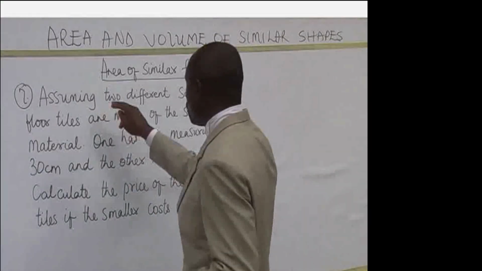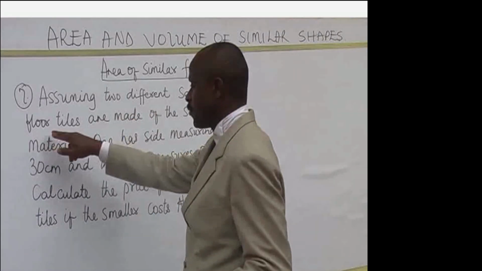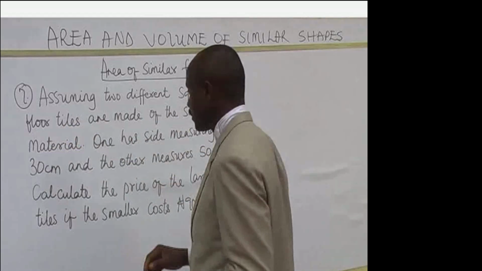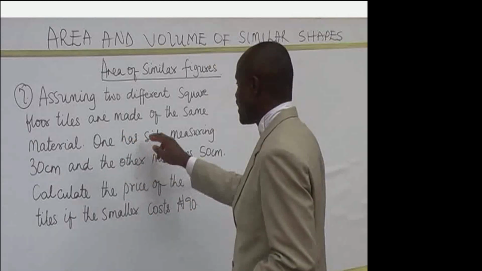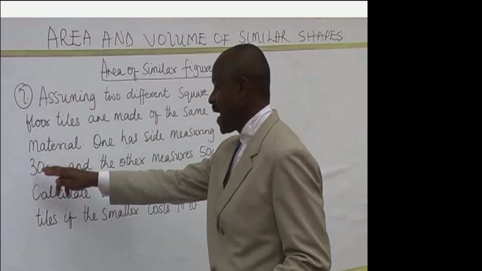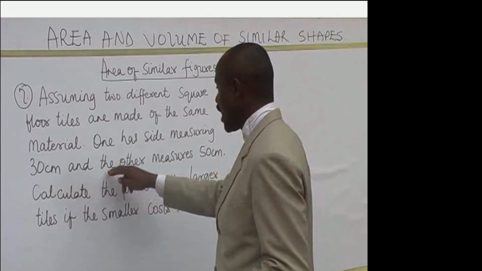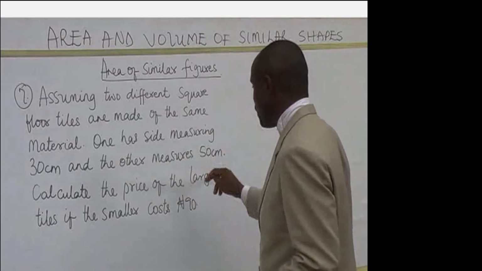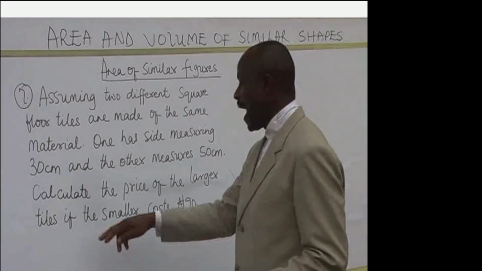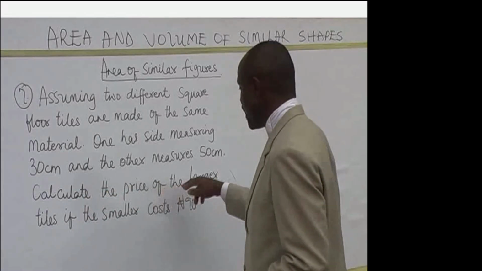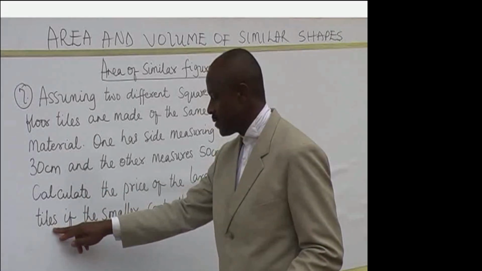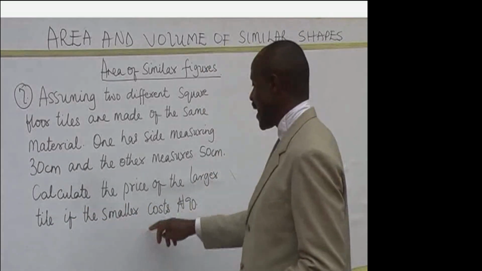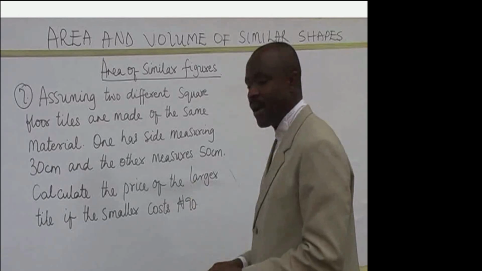Question 7 says, assuming two different square floor tiles are made of the same material. One has a side measuring 30 centimeters and the other measures 50 centimeters. We are asked to calculate the price of the larger tile if the smaller costs 90 naira.